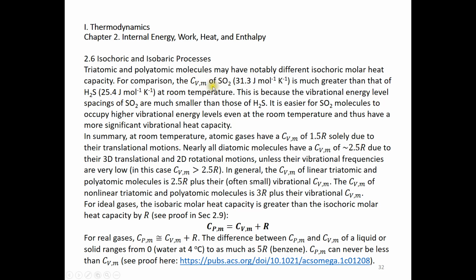How come this one has a much larger value than this one? Well, it's simply because in SO2, atoms are heavier. So they usually have smaller vibrational energy spacings. It's a little easier to promote this heavier molecule SO2 from the lowest vibrational energy level to the higher vibrational energy level. We have more vibrational heat capacity, so that's why this is larger.